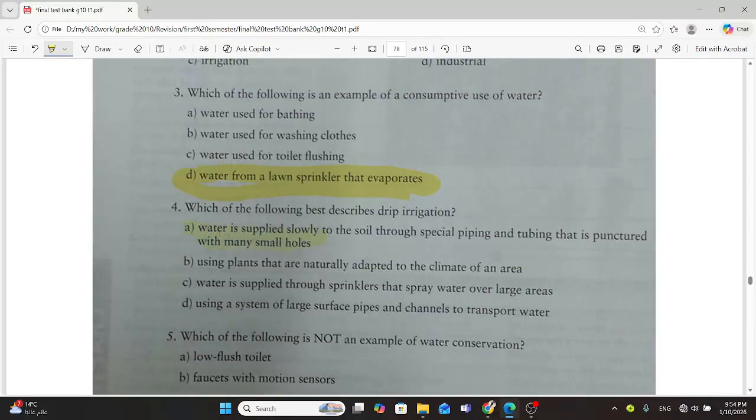Water is supplied slowly to the soil through special piping and tubing that is punctured with many small holes.